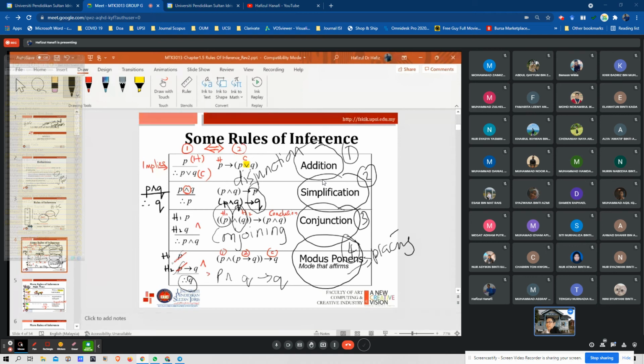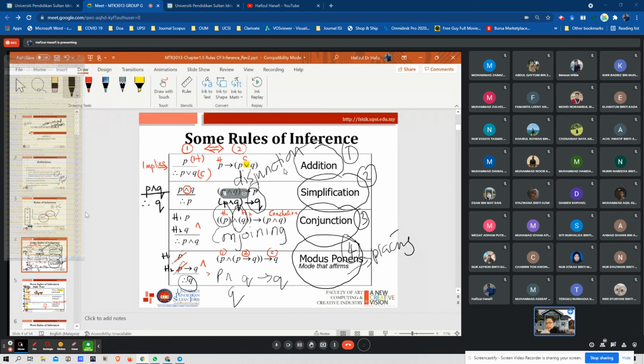You eliminate P. Here is a Q, by placing or eliminating. That is modus ponens.